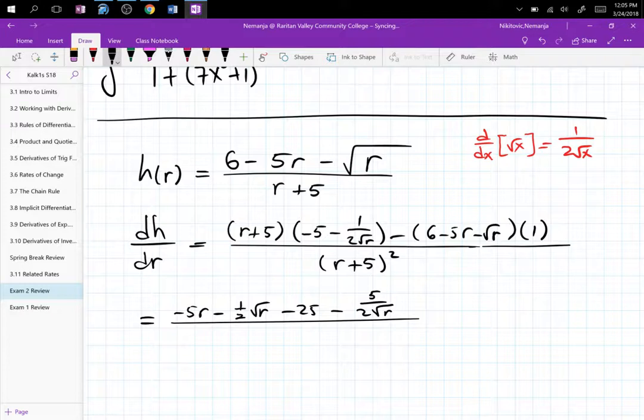So that's the first term, and the second term is simply minus 6 plus 5R minus root R, everything over R plus 5 squared.